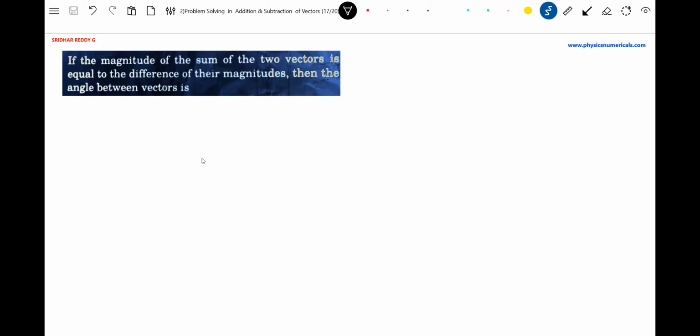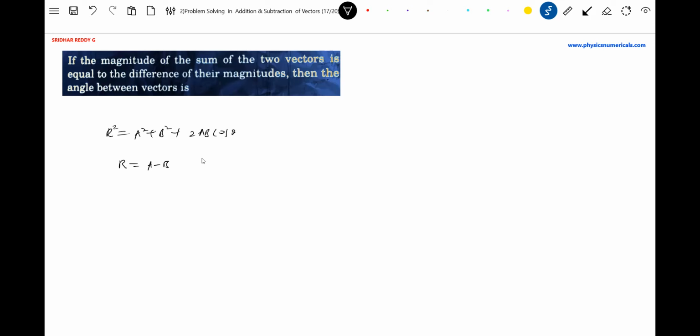Magnitude of sum of two vectors means r square equal to a square plus b square plus 2ab cos theta. This r is the magnitude of the sum of vectors. Sum of two vectors is equal to the difference of their magnitude. Is telling this much. Then the angle between vectors.